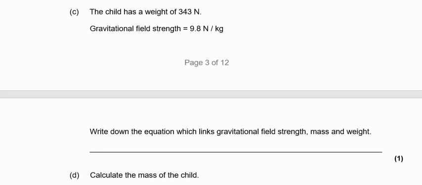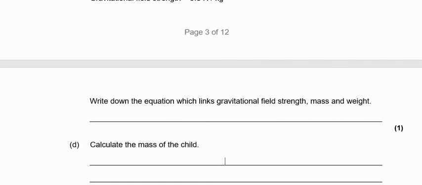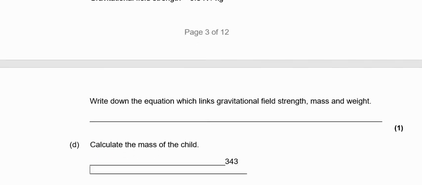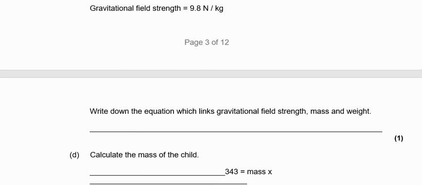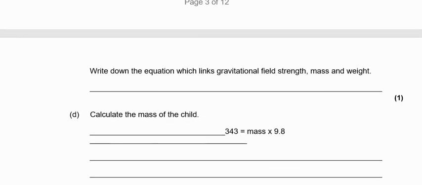So weight is 343, and that is equal to mass, which we're trying to find out, multiplied by gravitational field strength, which is given to us as 9.8. At A level, that will be 9.81. At GCSE, it has been given as 10 before. Use whatever the question says to use.